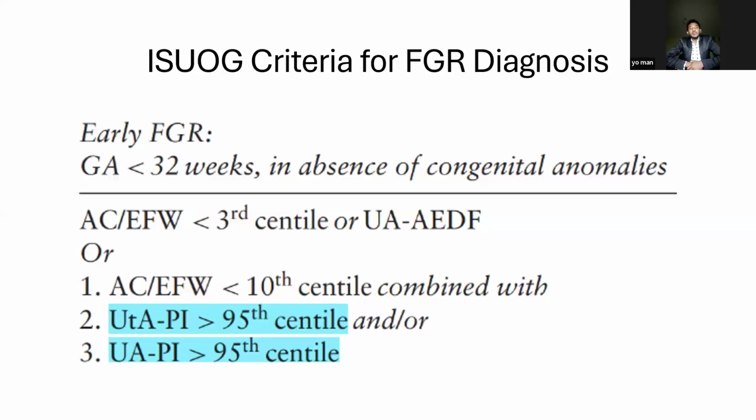Or if the fetus is below 32 weeks, you may confirm it by another parameter, or you may not have any established gestational age, but you certainly know that the fetus is below 32 weeks, and when you do umbilical artery Doppler, if you found an absent end diastolic flow, without considering the estimated fetal weight, without considering the AC, if the umbilical artery displays qualitatively an absent end diastolic flow, you may call that fetus FGR right away without considering the things that we were talking about before.